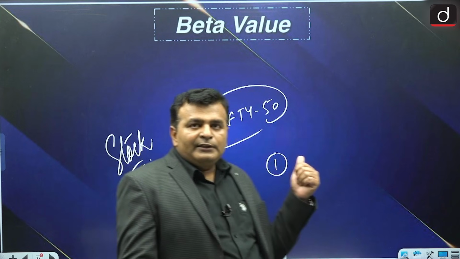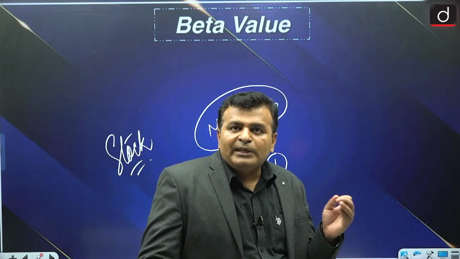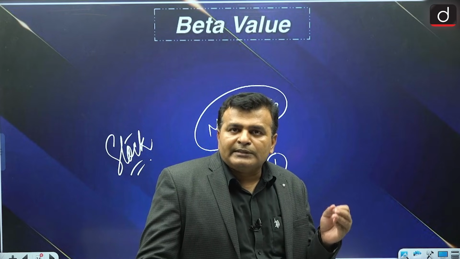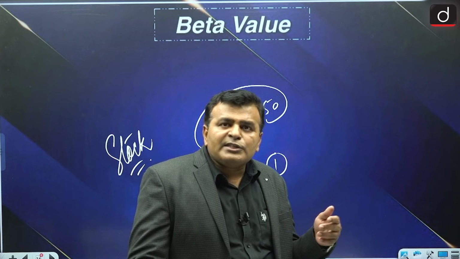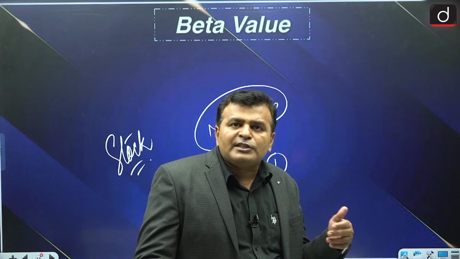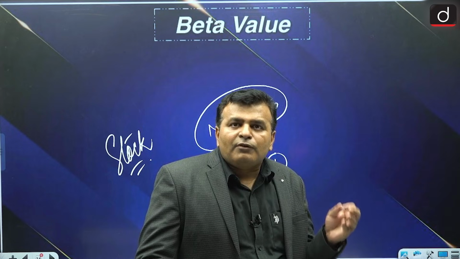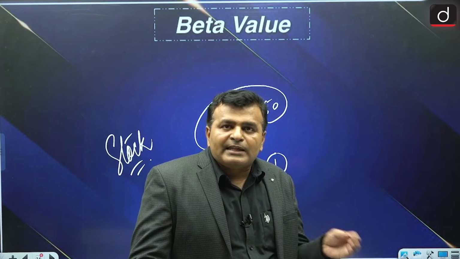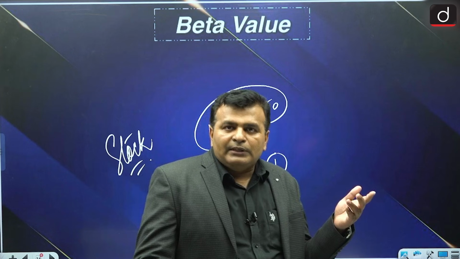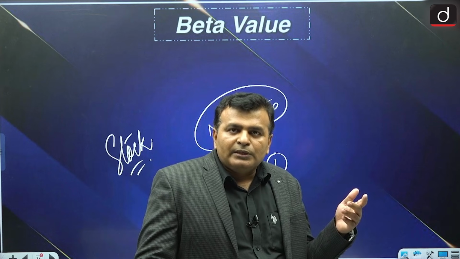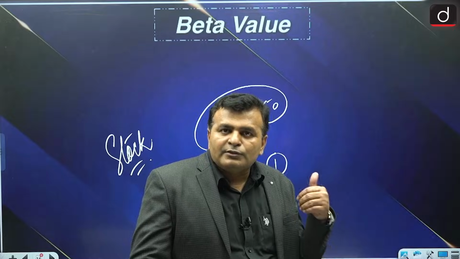On the other hand, if the market is bearish, if the market is continuously falling and the sentiment is bearish, then in that case, we should always prefer a share, we should always prefer a stock which is low beta, because it will fall down relatively less as compared to the fall in the index. So this is beta value, which shows the volatility of a particular stock in share market, in stock market.